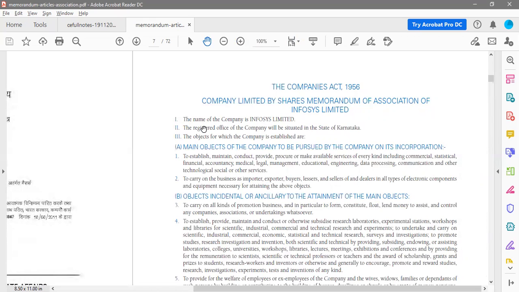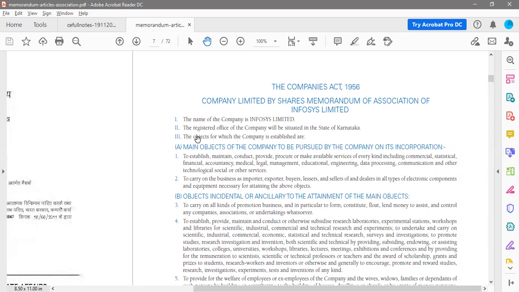In the situation clause, we write in which state the company is situated. So first is the name clause, and second comes the situation clause. This is the name and situation.